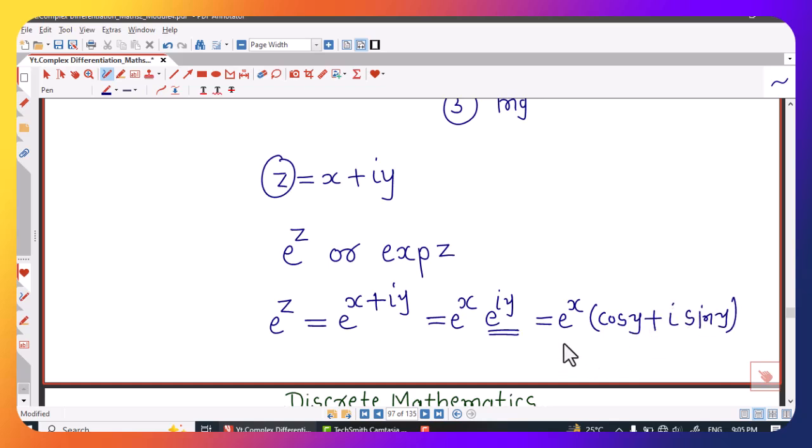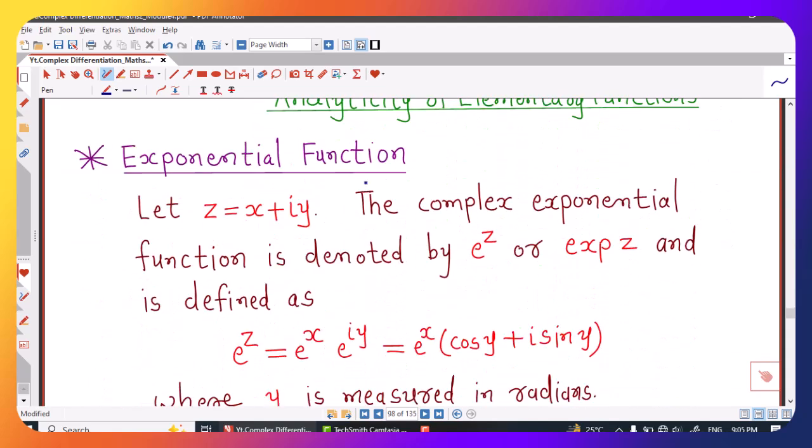So we consider this as the definition of the complex exponential function.